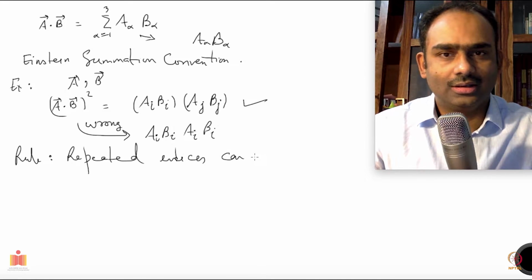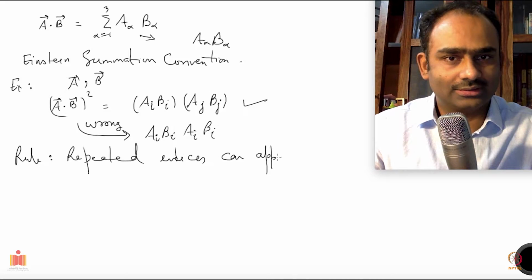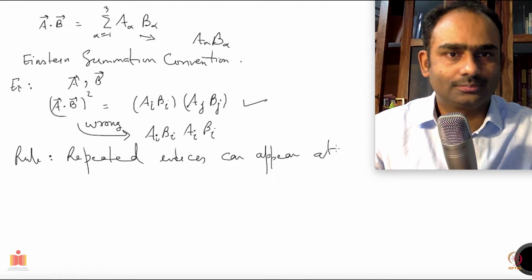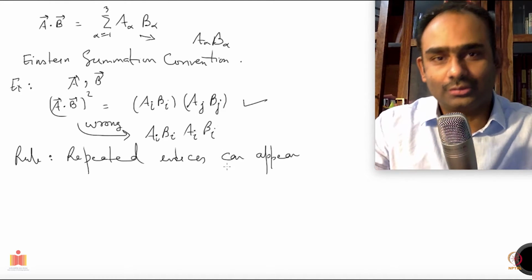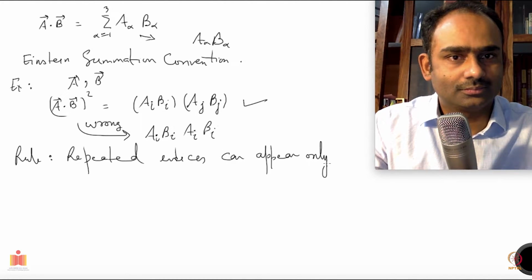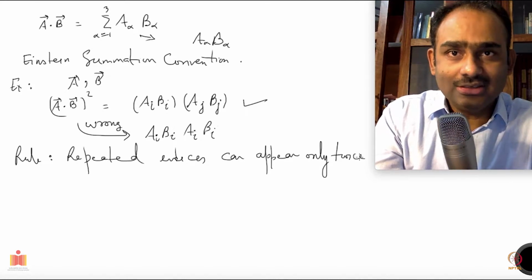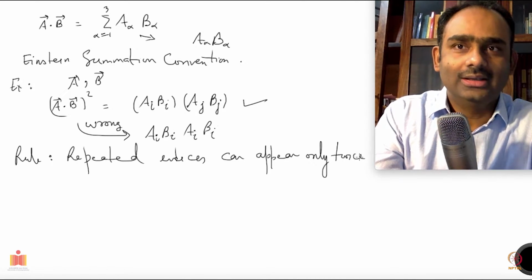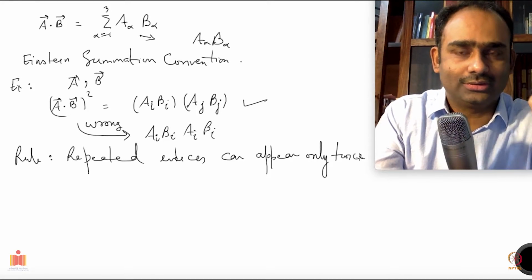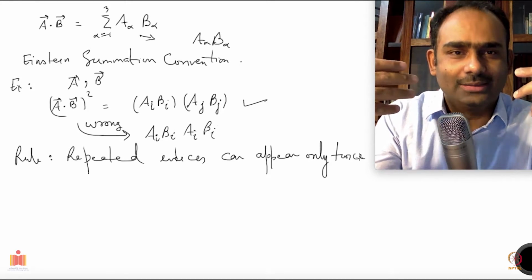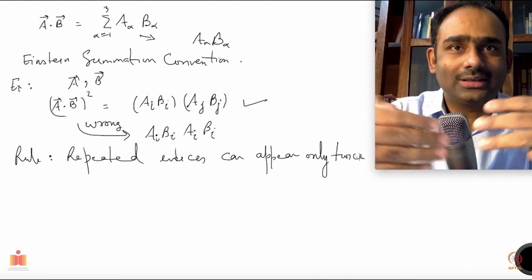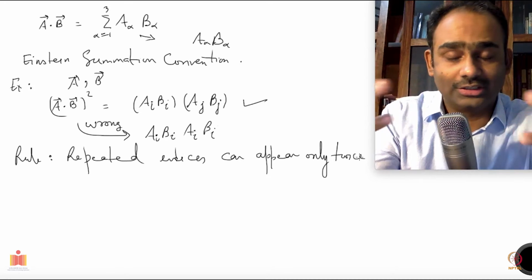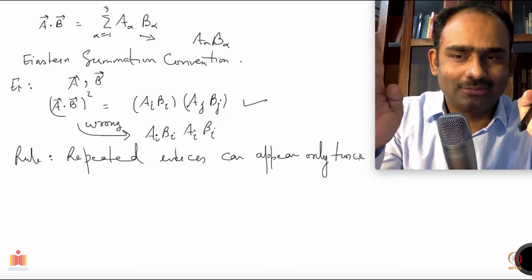An index can appear at most twice. Only twice. So if an index is repeated, meaning if there is a summation over it, then it should appear in that expression only 2 times, not more. There may be some cases where an index is repeated but comes more than 2 times, but then there we will make a specification.